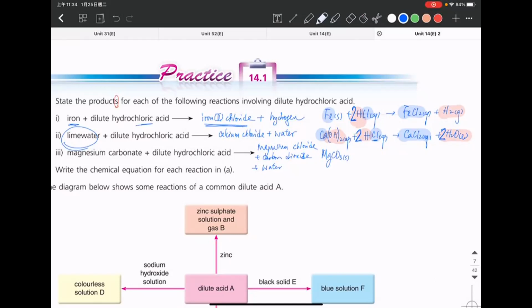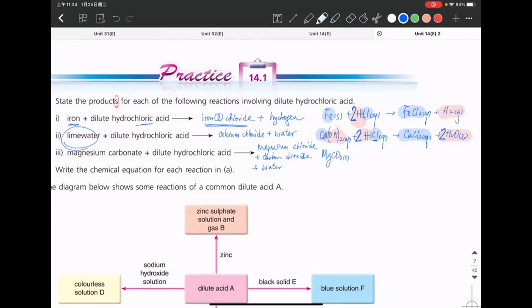Now you have to memorize the solubility rule. Most carbonates are water soluble, except group 1 and ammonium carbonate. So remember, whenever you talk about carbonate, besides those exceptions, such as group 2, it is not soluble in water.